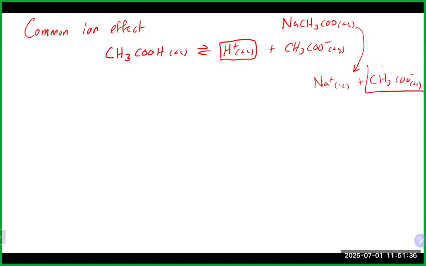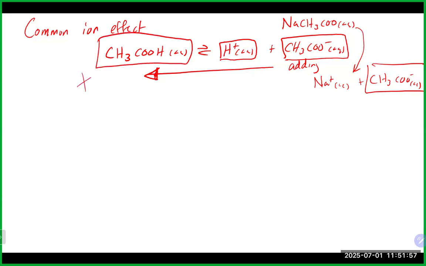Floating around in there would then be acetate, which means essentially you would be adding more acetate to this equilibrium. Le Chatelier's principle tells us when it adds, we shift away. So we would expect the equilibrium to shift away in the presence of this common ion. What that's going to do is keep our weak acid together.